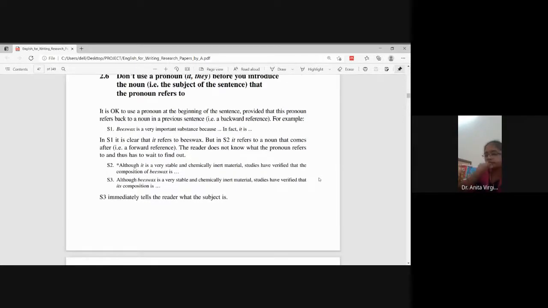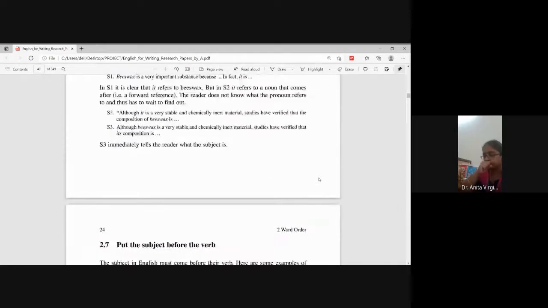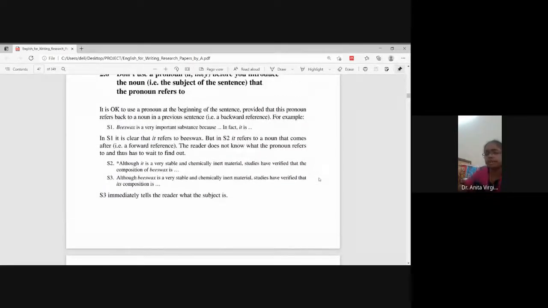An example is given there, S2 and S3. If you use the pronoun before even using the noun, this is how your sentence will be: "Although it is a very stable and chemically inert material, studies have verified that the composition of beeswax is..." See your sentence, this is not a proper way of using it.